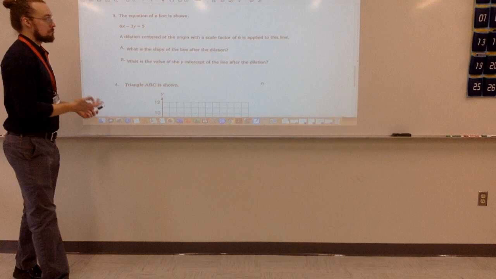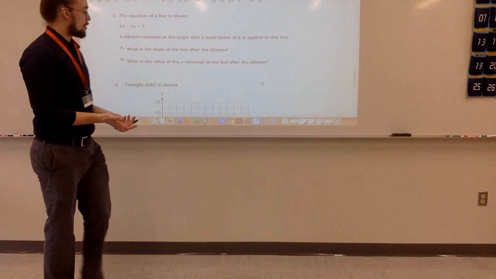So let's get a picture of what this line looks like. Okay, let's plug it into Desmos and see what happens. If you guys want to get out your Chromebooks and put it into Desmos, you're welcome to do that. If not, you can just watch me.